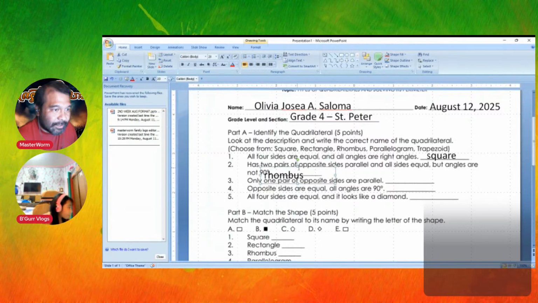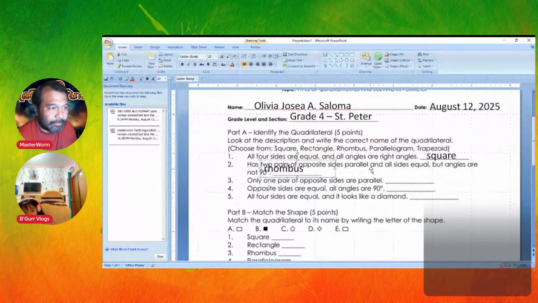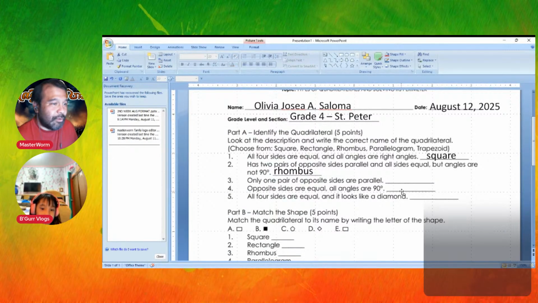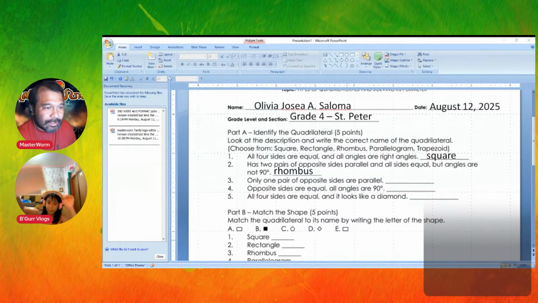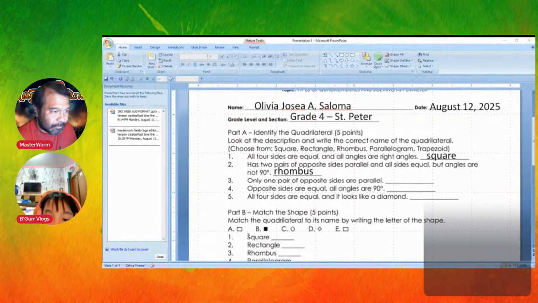Okay, next. What is the next question? Only one pair of the opposite sides are parallel.